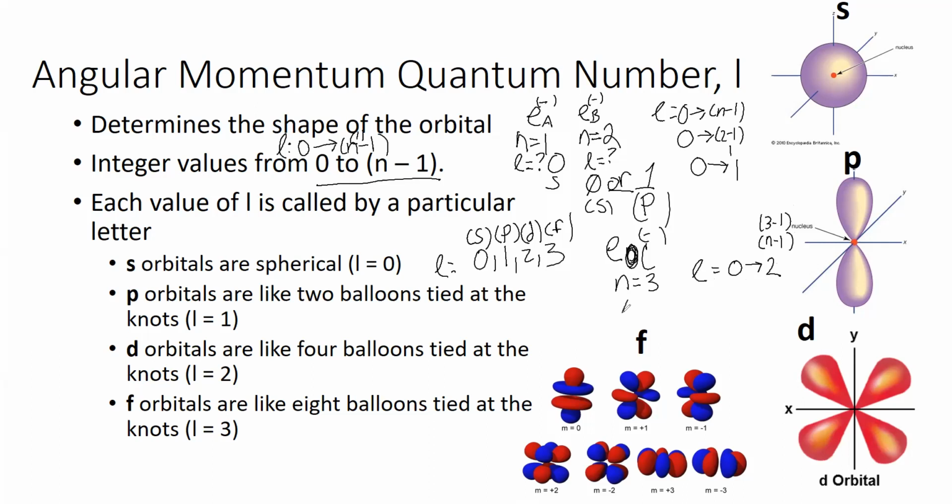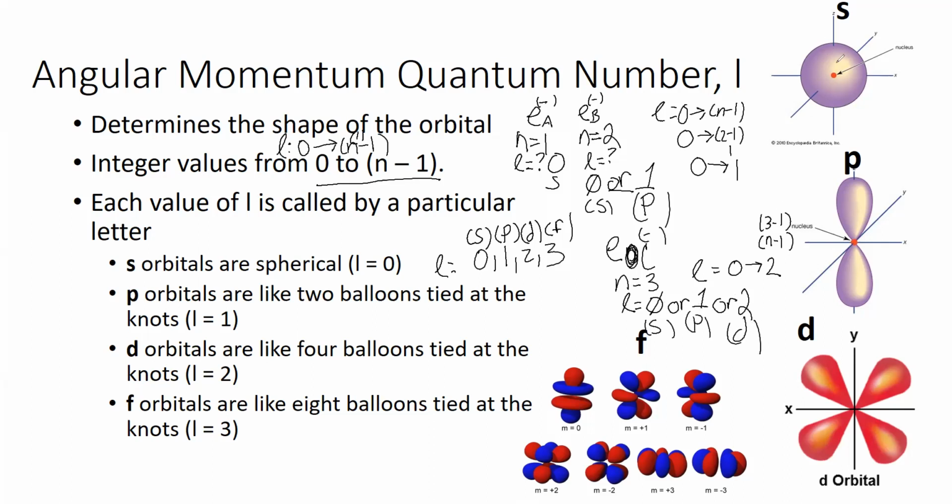So if you're in the third energy level, you could have an angular momentum quantum number of 0, or 1, or 2. It can be either one of these if you're in the third energy level. So you could have an s orbital or a p orbital or a d orbital.